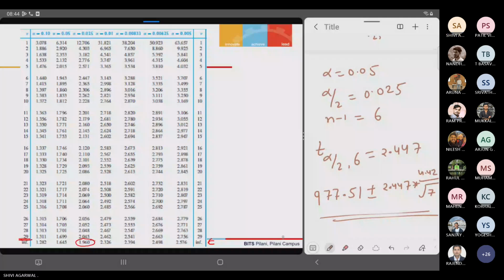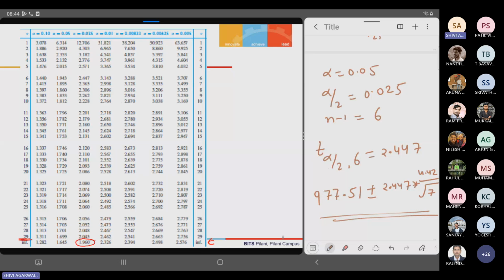Yes, Mr. Vishnu, you always have to refer to the value from the table, just like the standard normal distribution. Z distribution, we will do the example later on.